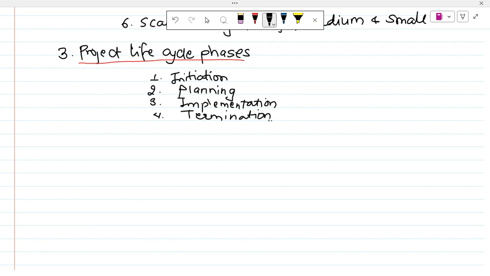In the graph, we can see that according to time there are four stages. First is initiation, second is planning, third is implementation, and fourth is termination.